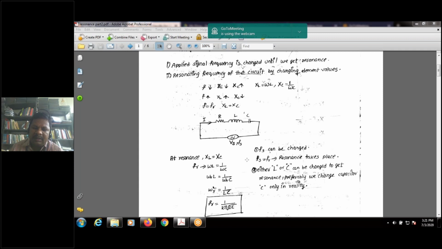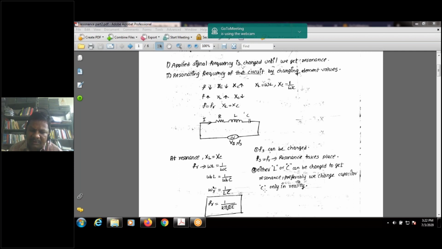Okay, then while designing the series resonant circuit, suppose you want to know the resonant frequency. If you want to design the components like inductor, resistor, and capacitor, generally we can change either L or C, right? But in general, in reality we choose the capacitor to vary. Generally, C is the variable, L is fixed. Why?